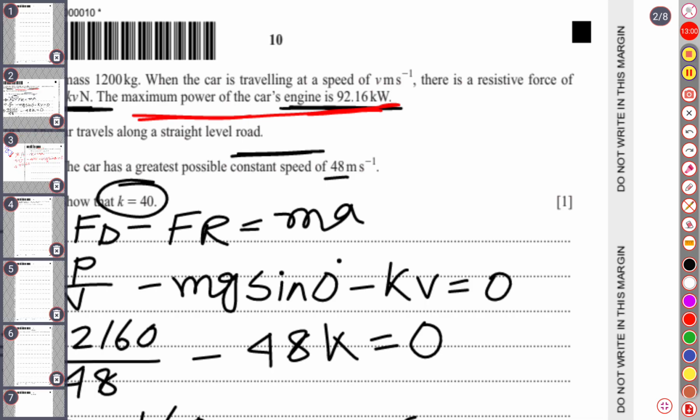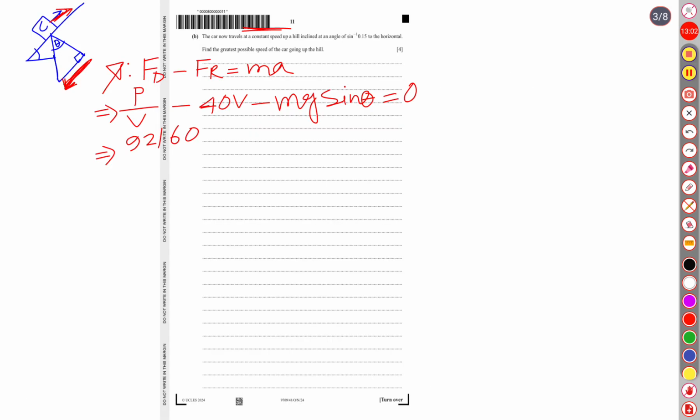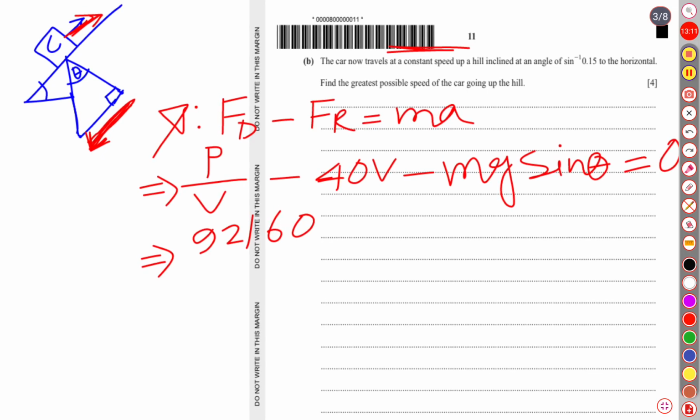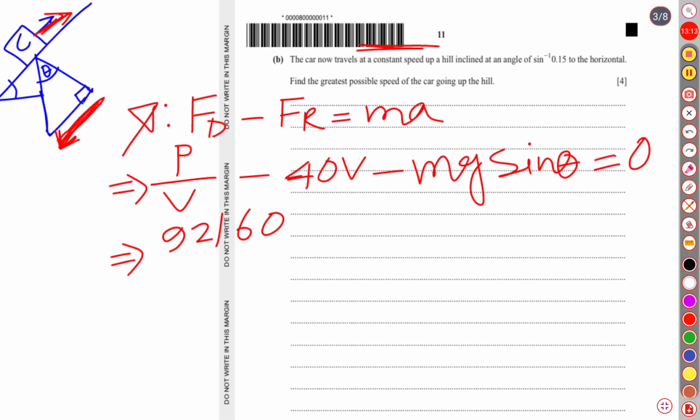As we are finding maximum speed, we will have to use the maximum power. So maximum power is 92160, and velocity is to be obtained.